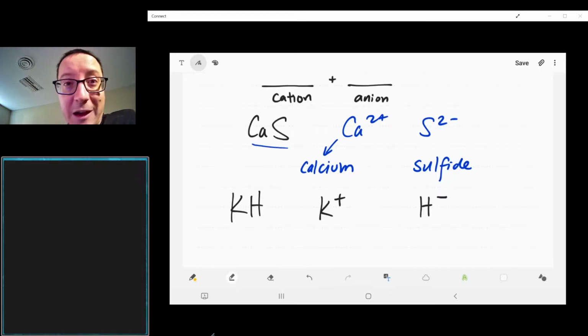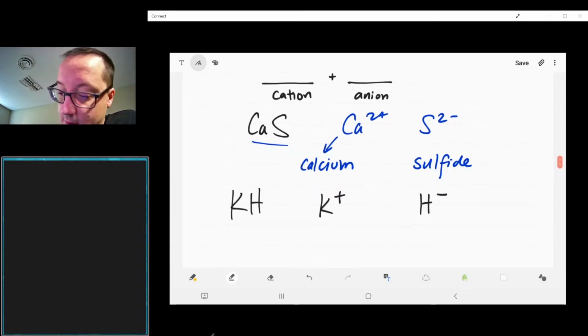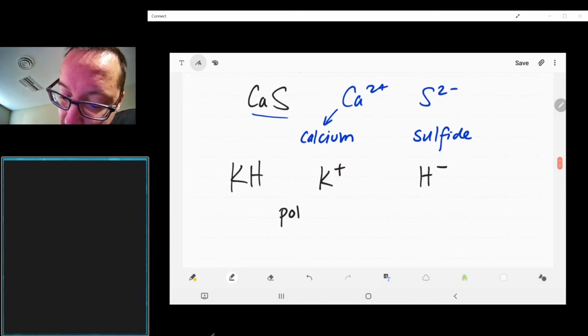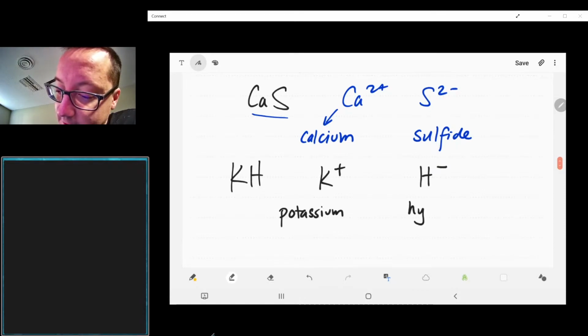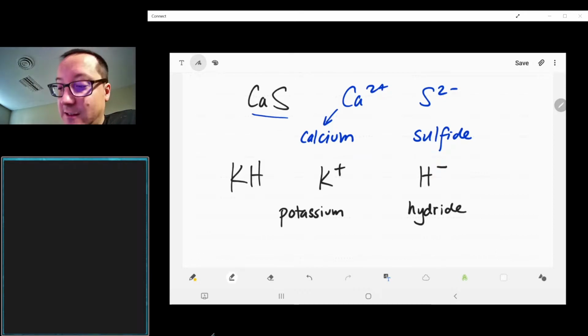But for ionic compounds, typically hydrogen will be negative, especially if it's combined with a metal. So this will be potassium. And then H- is hydrogen, but we get rid of the gen part, and we replace it with the ide ending, so this compound would be called potassium hydride.